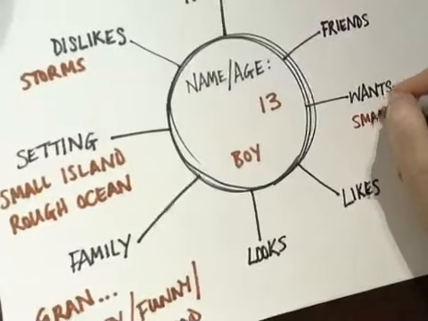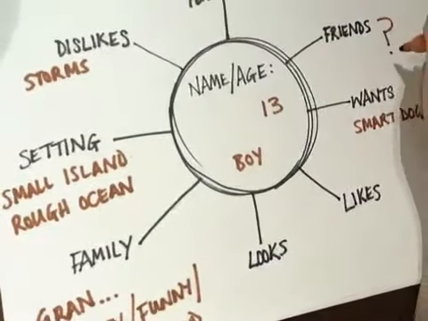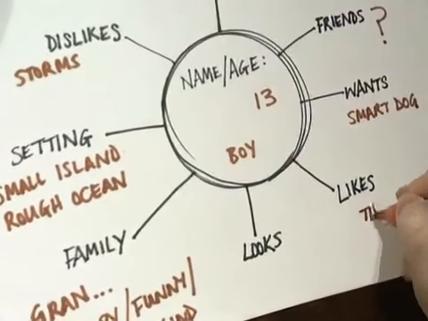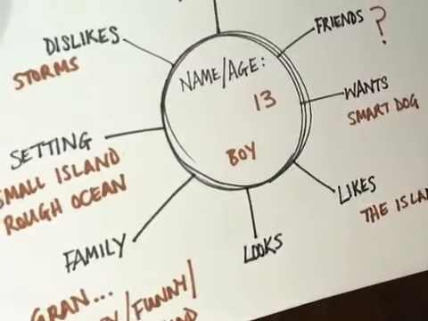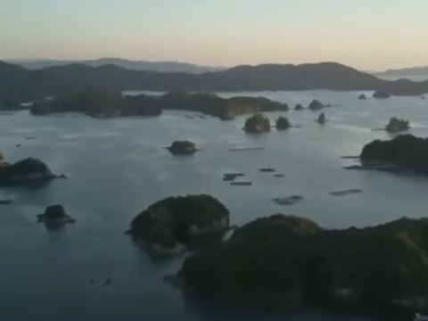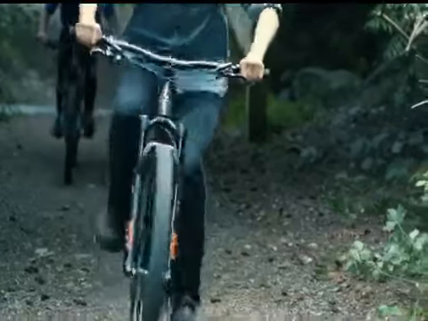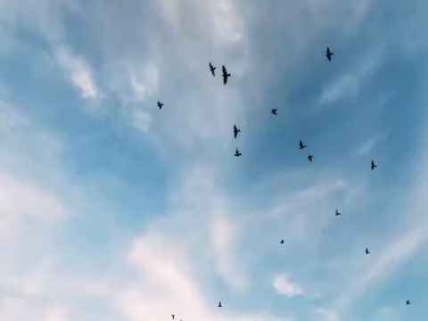I'm already starting to think of what she might be like. I'll add that this boy really wants a smart dog, and that he loves the island because it's wild and free, but he also wonders what life is like in busier places with lots of people his age. He hates birds, so that could be an interesting problem on an island. He's interested in climate change, and he thinks the storms on this island are getting worse.